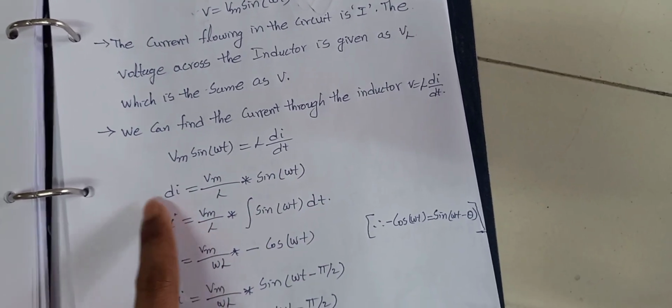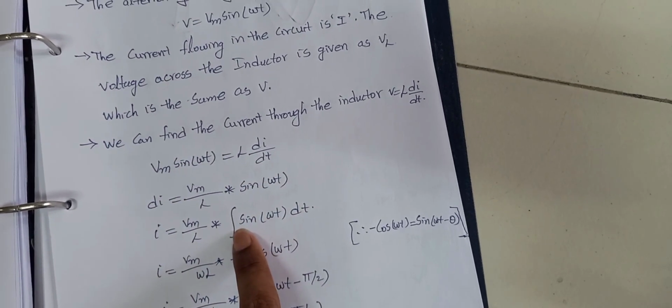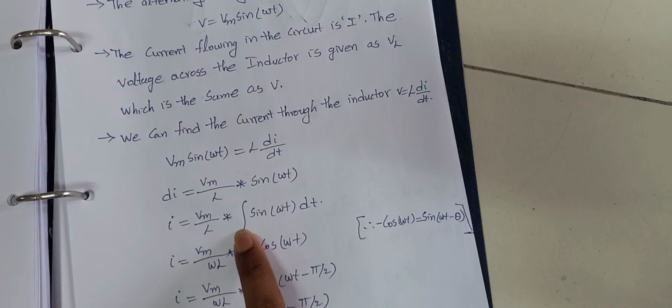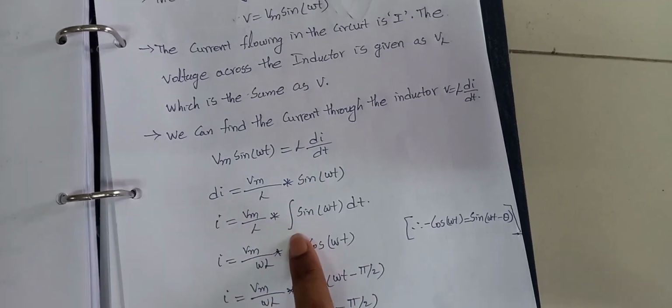Then I equals this, with the differentiation sent to the right-hand side, converted into integration. It means the differentiation is converted into integration.